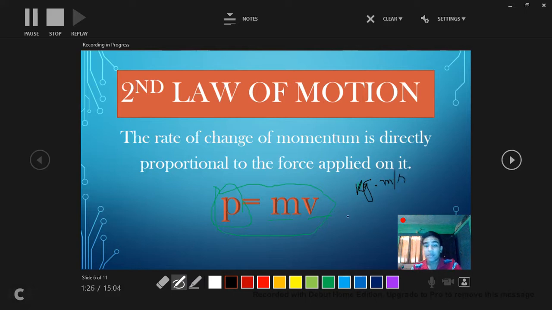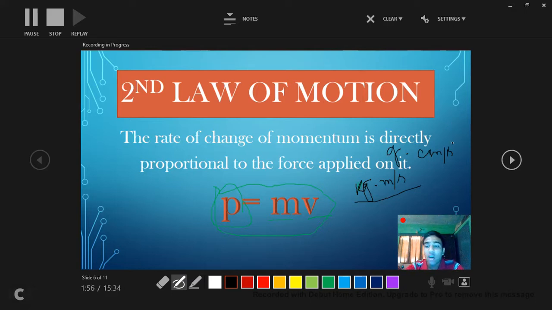This is the unit of momentum, kg into meter per second, the SI unit of momentum. And in CGS, it will be g into cm per second. This is the CGS unit of momentum.